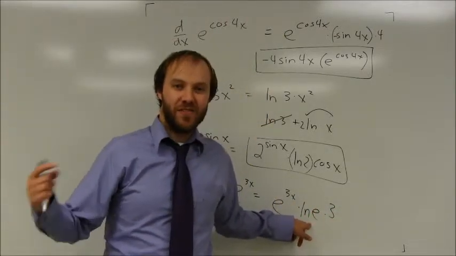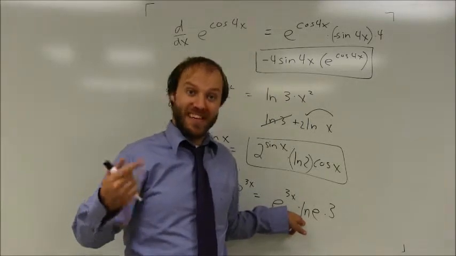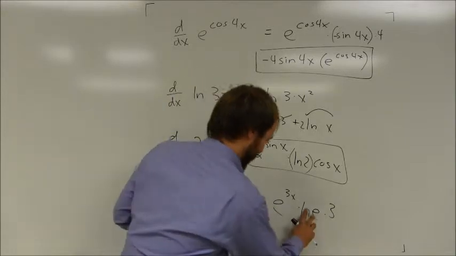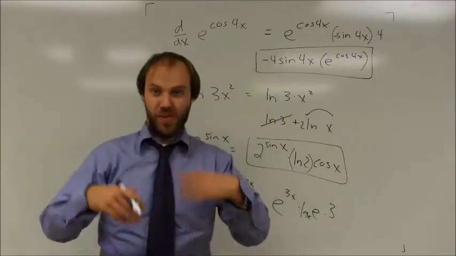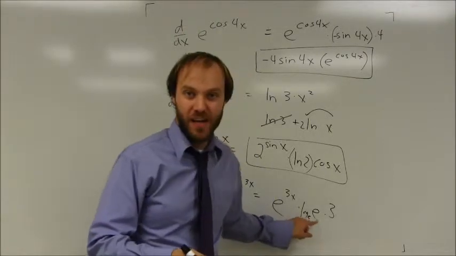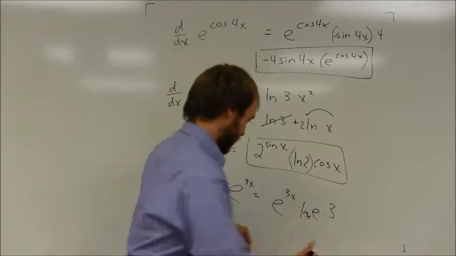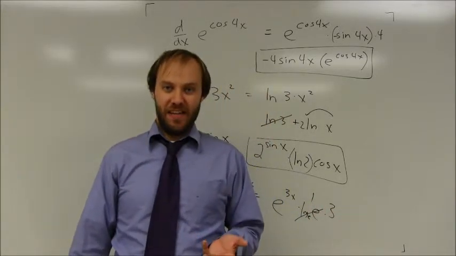Notice though, natural log of e, I'm basically saying natural log is log base e. Remember logarithms are exponents, the result is an exponent. What I'm really saying here is e taken to what power equals e? Well, the answer of course is 1. That's why we don't normally put that in there for that e derivative.